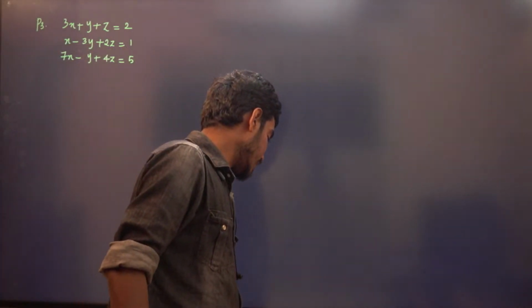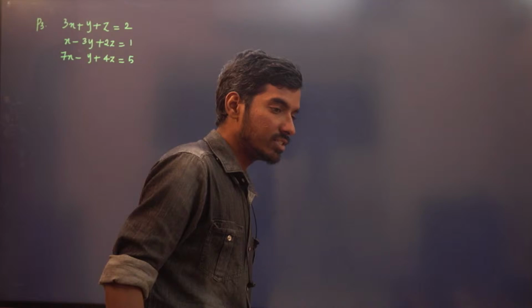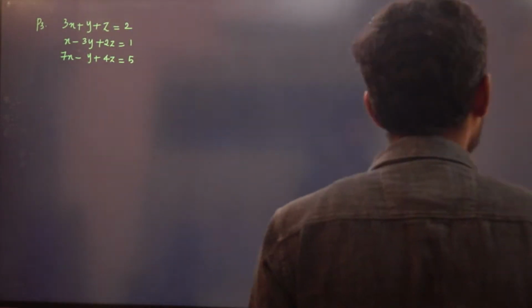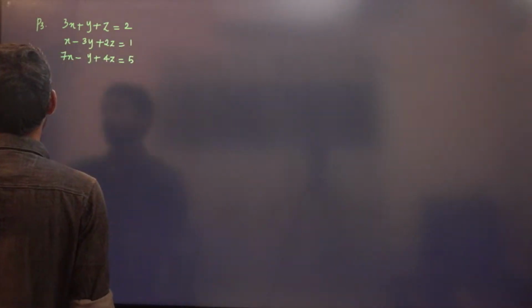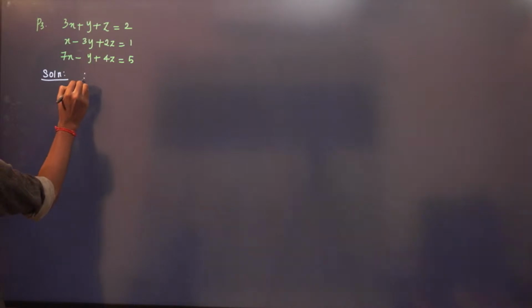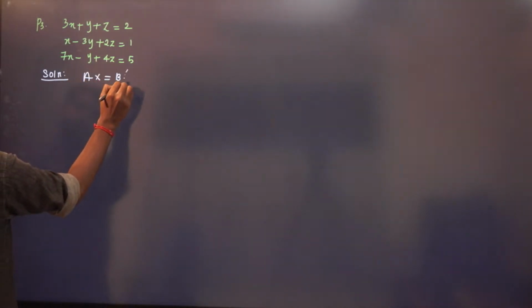So we don't know whether this has a unique solution, infinite solutions, or no solution. We don't know that. So first we will write, this is a non-homogeneous system, right? So first we will write this in Ax equal to b form, b not equal to 0.